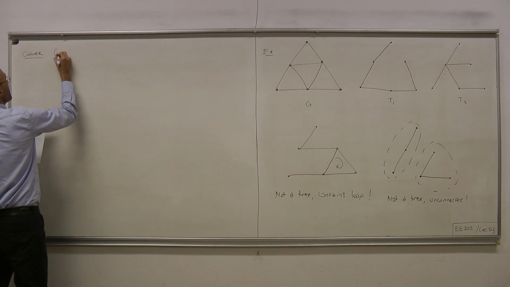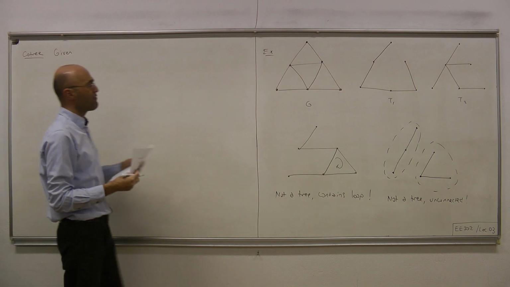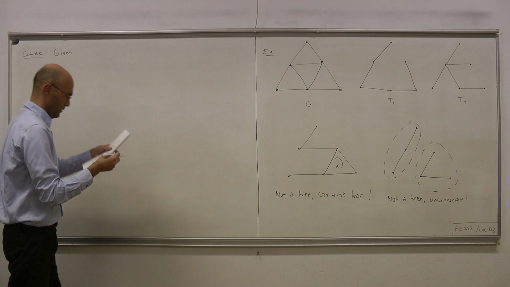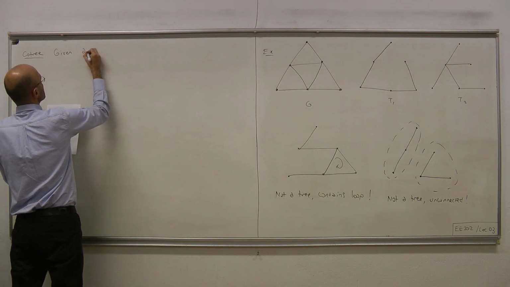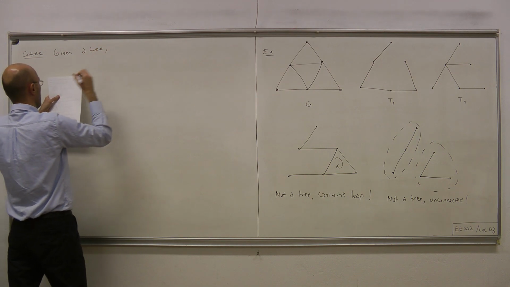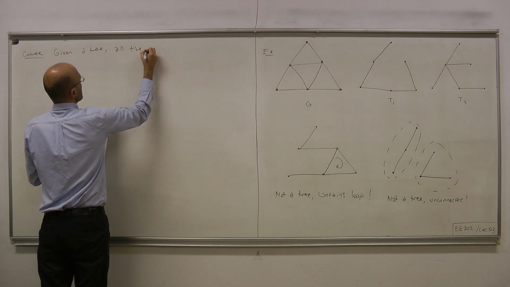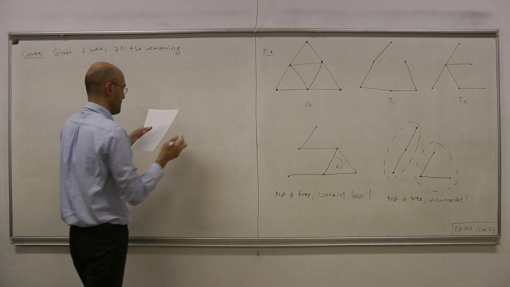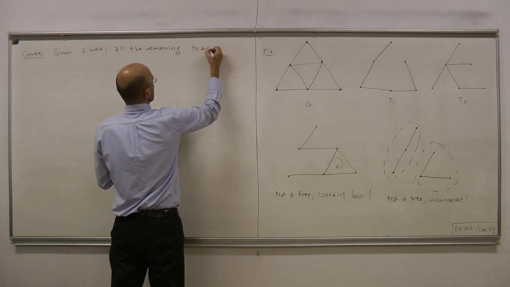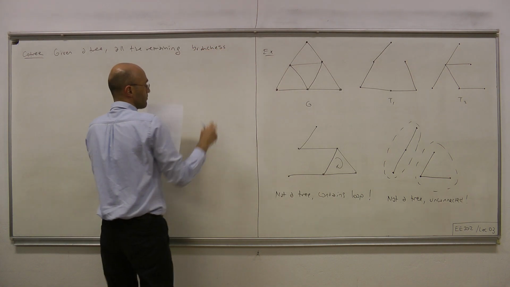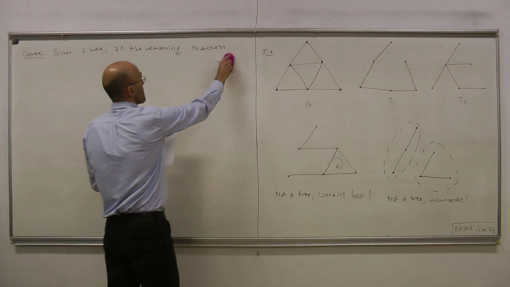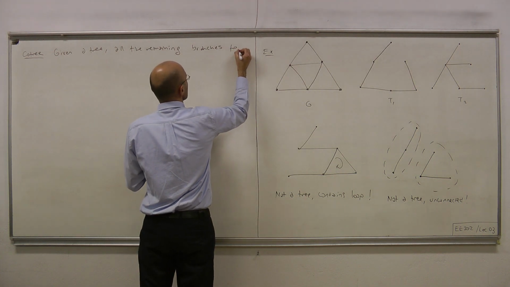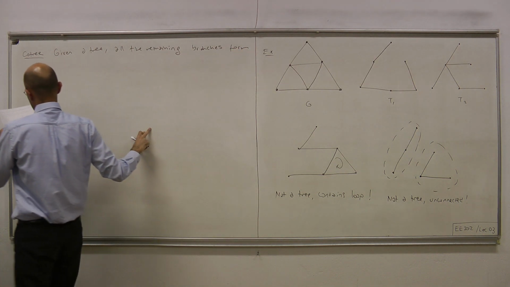Given a graph and a tree associated to it, all the remaining branches form the associated cotree.